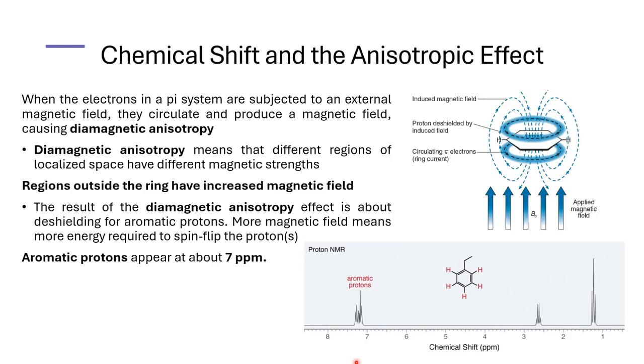Consider this H-1 NMR of this aromatic compound. Notice how the aromatic protons are significantly downfield, so we can attribute these to these H's attached to this benzene ring with this functional group, in this case an alkyl group, on the ring. These are actually upfield. We have here a signal for some of those protons and a signal here for the other set of those protons.